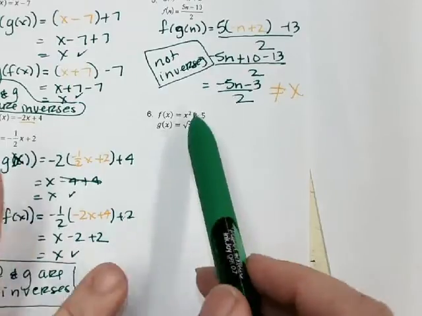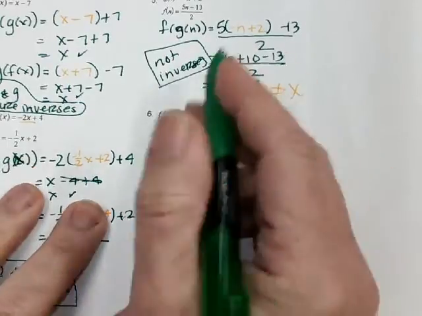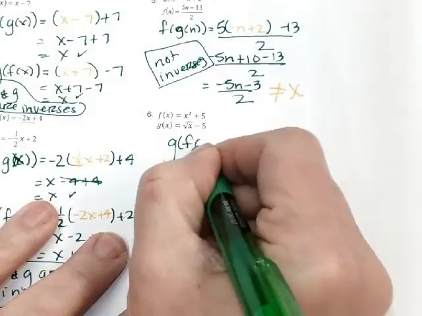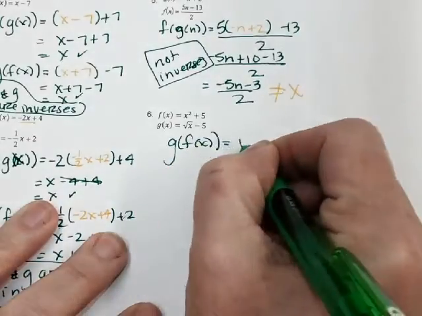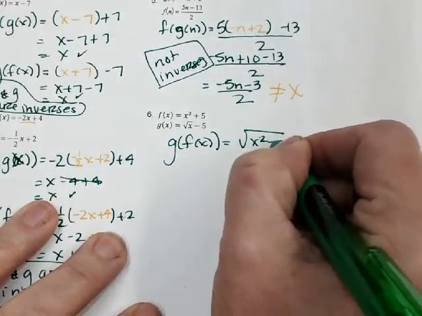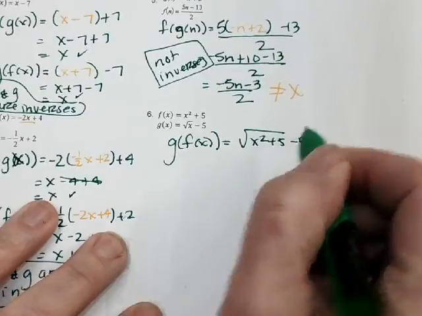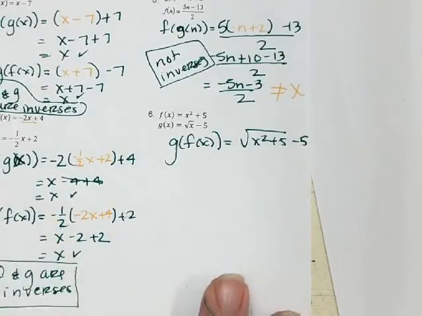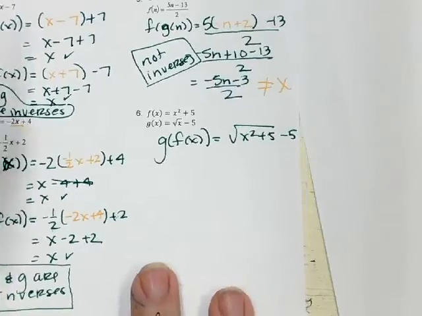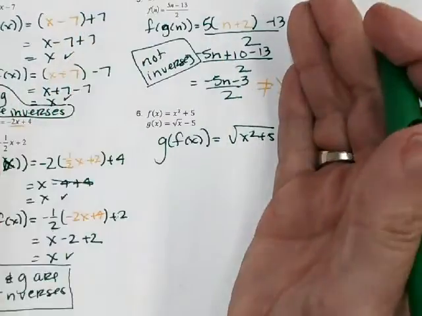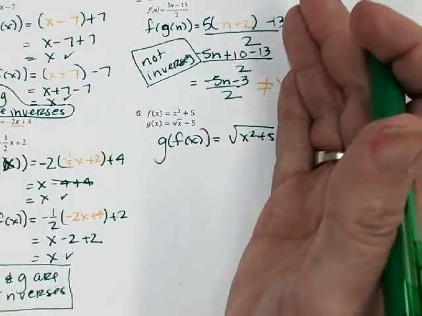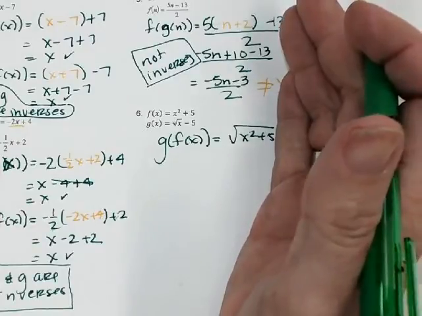Or I could put this in here. If I do g of f of x, then I've got the square root of x squared plus 5 and the minus 5 on the outside. And so then you just look at that. Can I simplify that? Can I take the square root of x squared plus 5? And the answer is no.